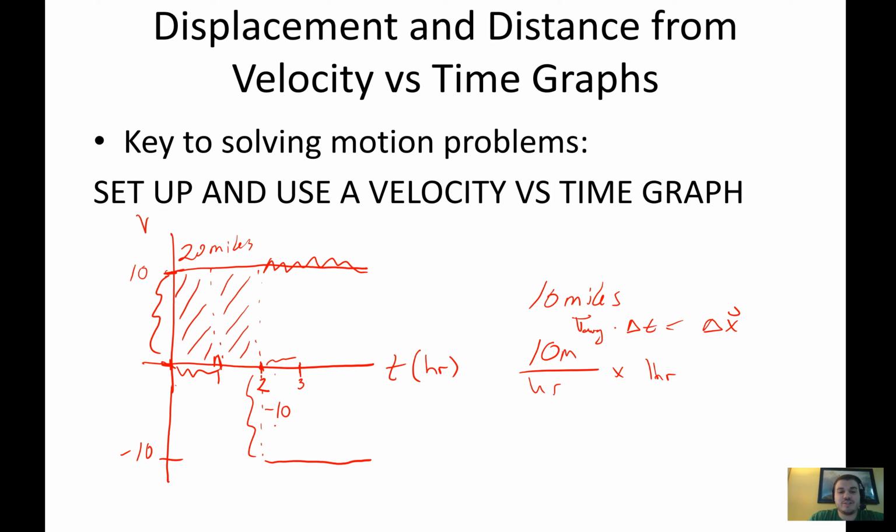My displacement now would be this 20 plus this negative 10 gives me a new overall area of positive 10. Whereas my total distance would be the 20 plus the 10, regardless of direction, for 30. So we had 20 minus 10 equals 10, and 20 plus 10 equals 30.